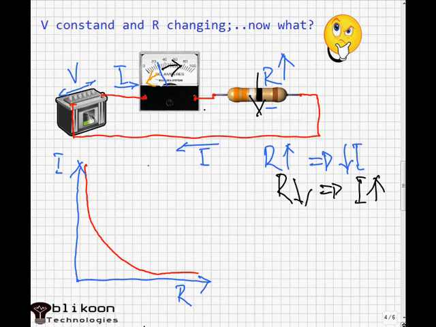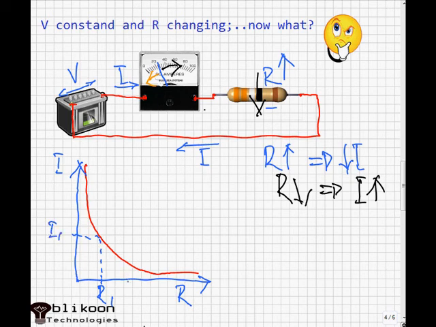If we use a graph to describe the behavior of our circuit, we get something like this. We can see that as resistance increases, current decreases. For instance, if we have R1 here as resistance, we get this current value, I1.